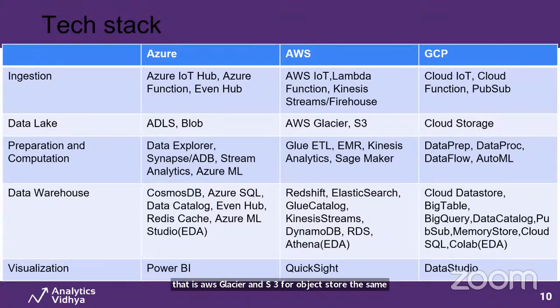So for visualization, there are preferred tools like Power BI in Azure, QuickSight in AWS, and Data Studio in GCP. I mean, there are various other tools, but these are the preferred data visualization tools offered by these cloud providers.